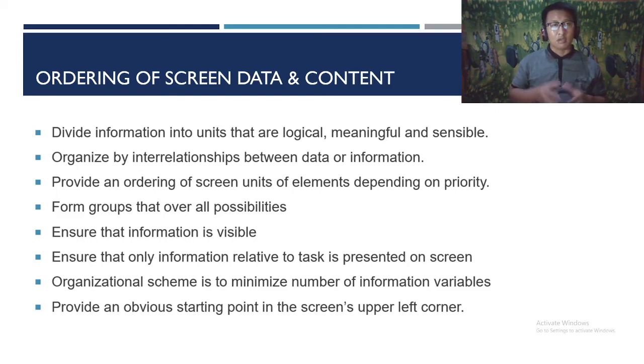Most of the time, data is related to information, because information cannot become information without data. Data is a raw fact which is processed to give us information. Without data there is no information. So you need to organize this also.